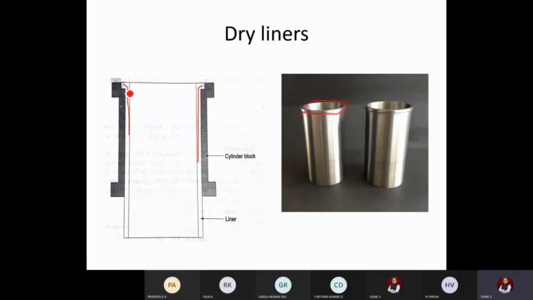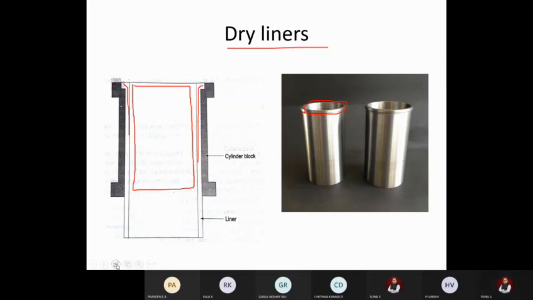It can firmly hold in the cylinder block. The piston reciprocates in this region. There will be a direct contact between the piston and the liner, not the cylinder block. Once this liner gets worn out, you can replace the liner straight away instead of going for reboring and using a new piston. So that is the advantage of using the liner.